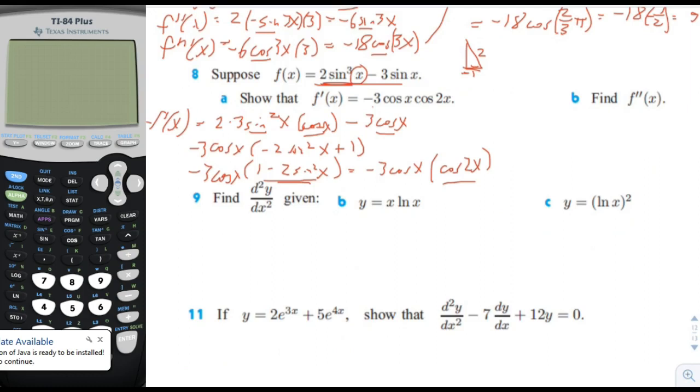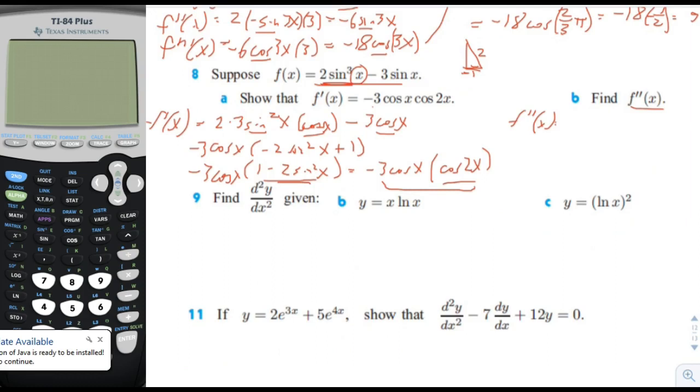Okay, now we find the double dashed of f, which is, we're just going to take the derivative of this one more time. So we're going to have to use the product rule here.